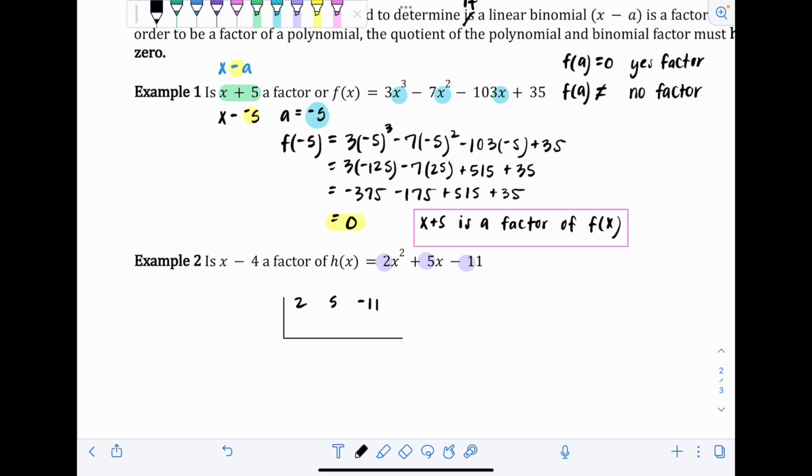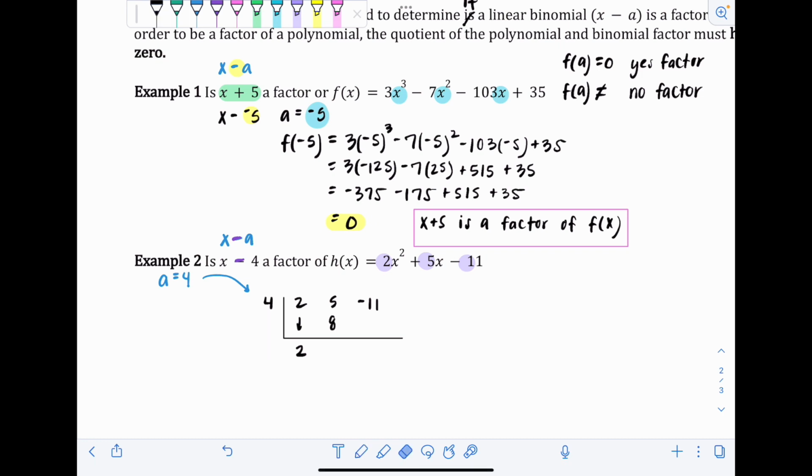And then we still compare the factor that we're checking. In this case, x minus 4, we compare it to x minus a. So that would mean that a is just positive 4, because that minus is already a part of the formula. And that number goes on the outside left. So we put a 4 right here, and then we bring down the first number always, and then I take that 2, multiply by 4, and that number goes here.